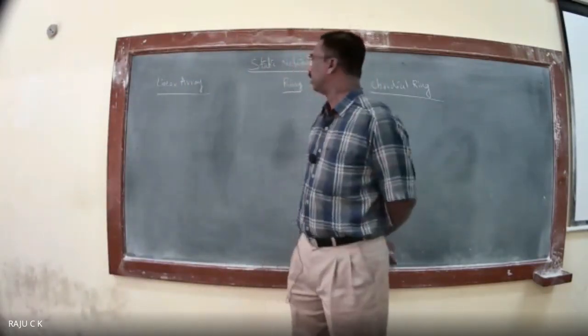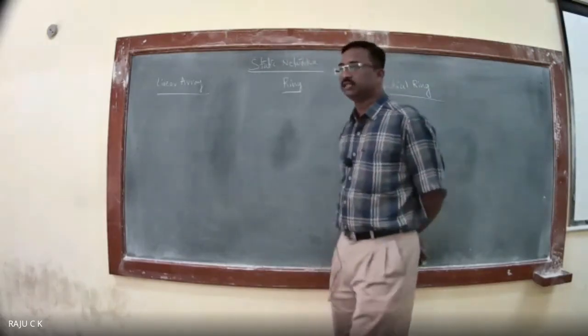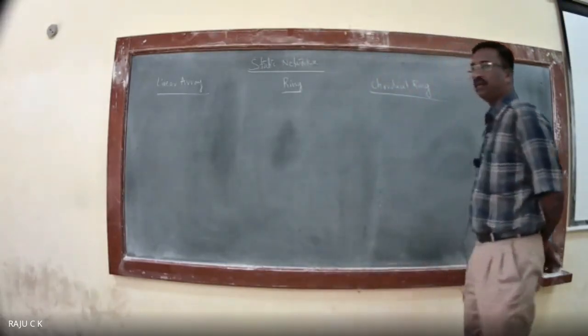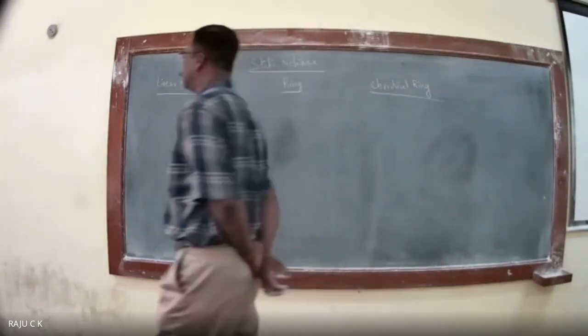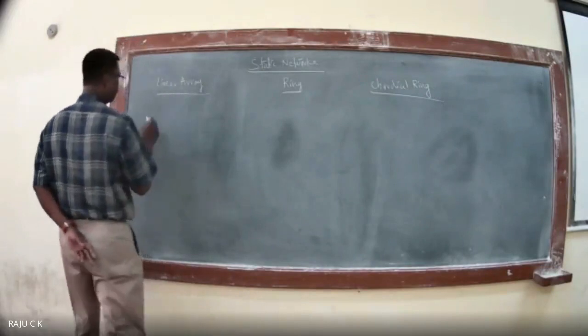First is the linear array. Second, the ring. Third, we can call the chordal rings. So now, how can a linear array be used for connecting n number of nodes? You can see the figure here.